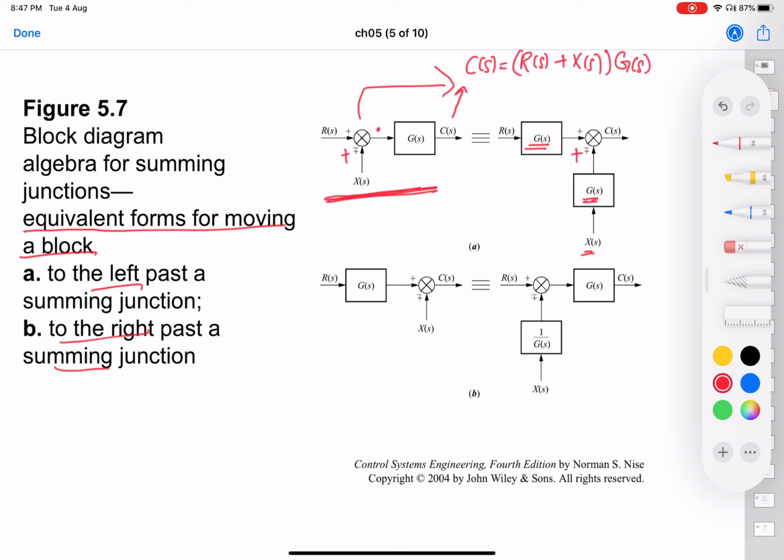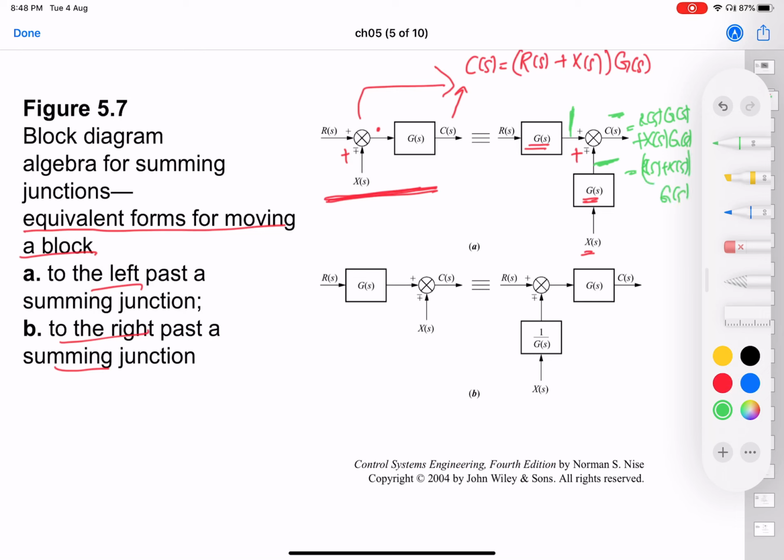So you again see Cs here. This signal here is Rs into Gs, and this signal here is Xs into Gs, and you're adding the two up to get Cs. So in this case, Cs is Rs into Gs plus Xs into Gs, which is equal to Rs plus Xs into Gs, right?